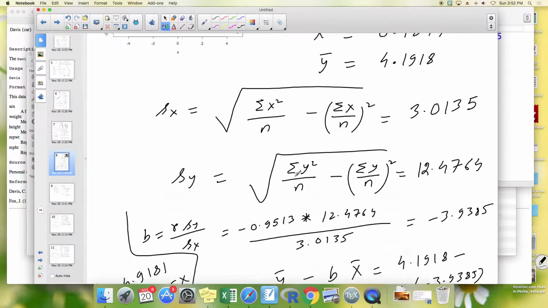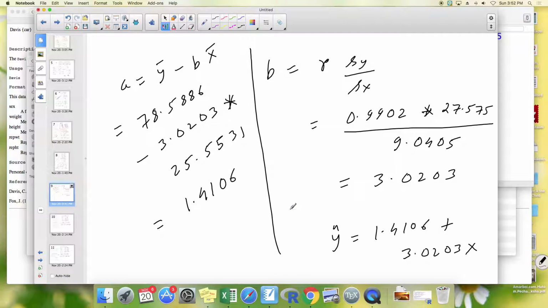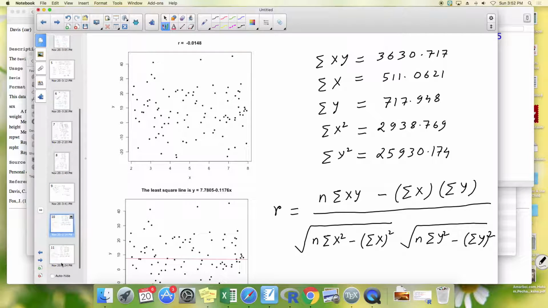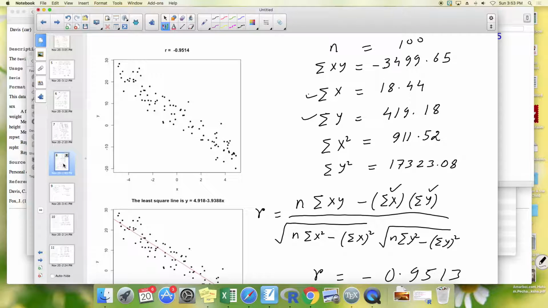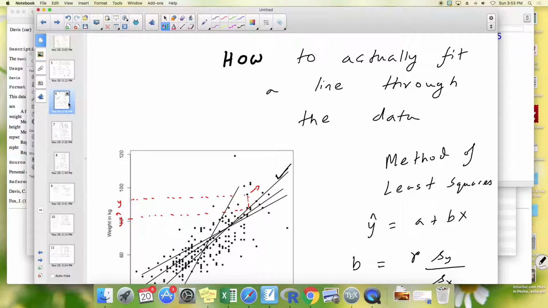So this was the one where 4.918 was the intercept. I'm sorry, I seem to misplace the slides.